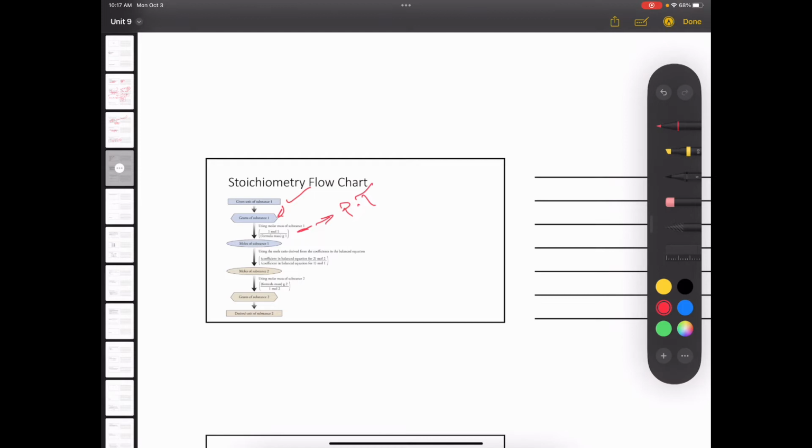And then moles of substance 1 to moles of substance 2, and that comes from the coefficients from the balanced chemical equation. And then you convert moles of substance 2 into grams, again using the periodic table. And then at the end, you will convert your grams to the desired unit that you are requested to convert to.